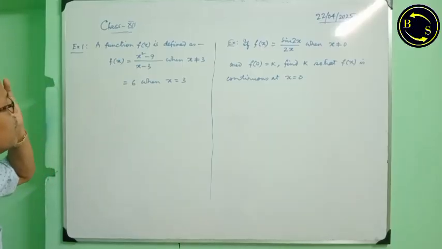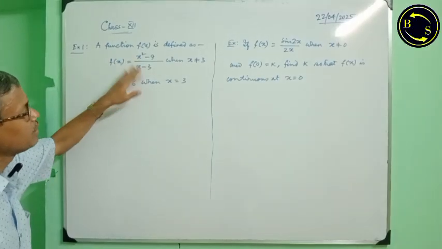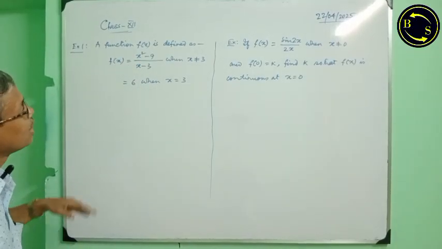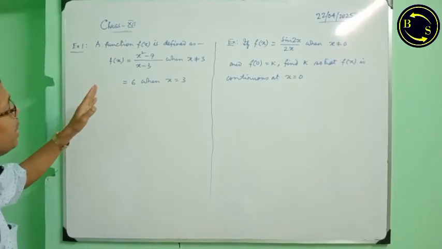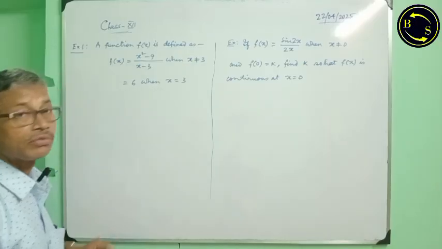First example, I have taken a function f(x) defined as this. Then we have to check whether f(x) is continuous at x equal to 3.